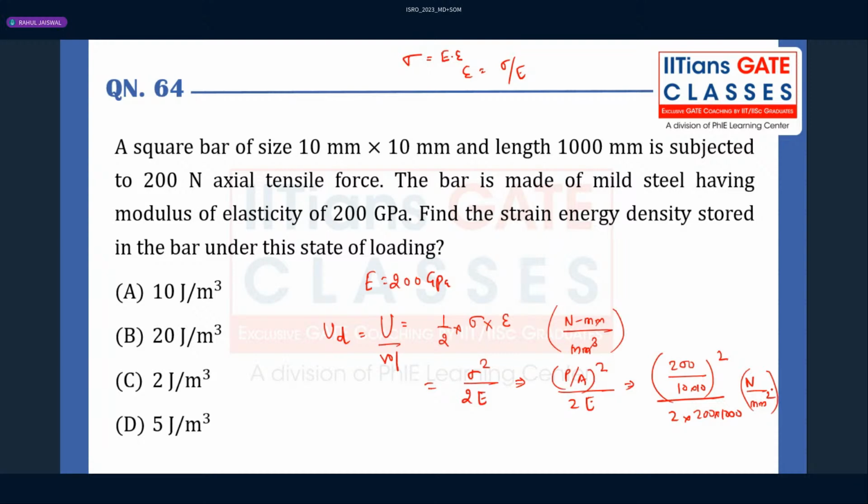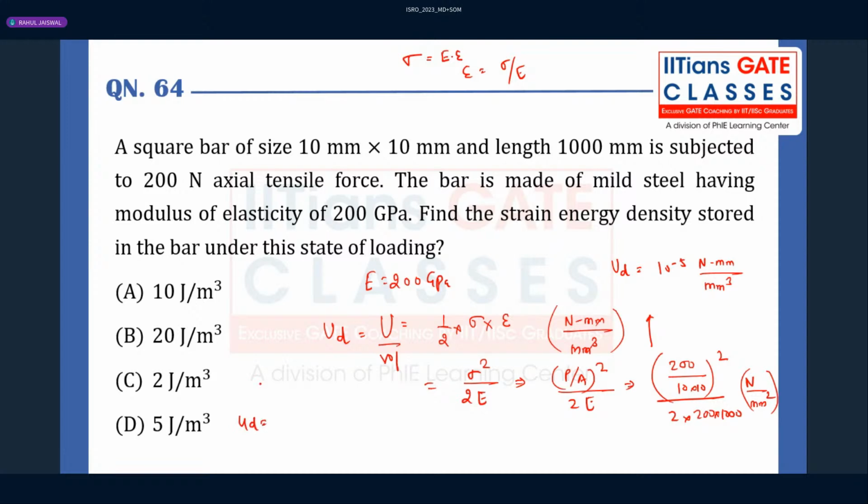Now be careful and give the final answer in Newton mm per mm cube. So 200 divided by 100, whole square, divided by 2 divided by 200 divided by 1000. When you do that, you will get 1 into 10 to the power minus 5 Newton mm per mm cube.